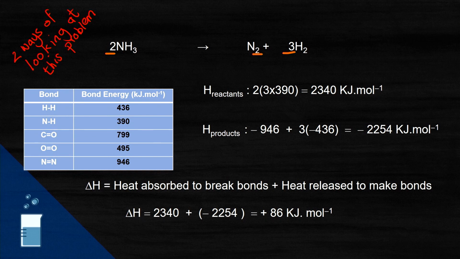You can either use the energy of formation as a negative value. You can plug it in, or you can use your head, your reasoning, and you can find the difference in the bond energy of the reactants and the bond energy of the products.